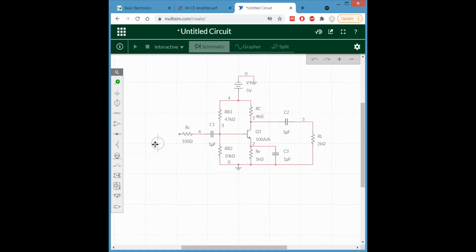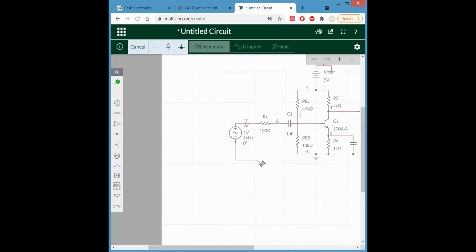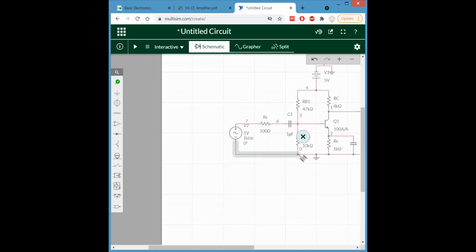Okay, so this is a voltage source, and it should be connected to the source resistor, and the other terminal of this voltage source should be connected to ground.